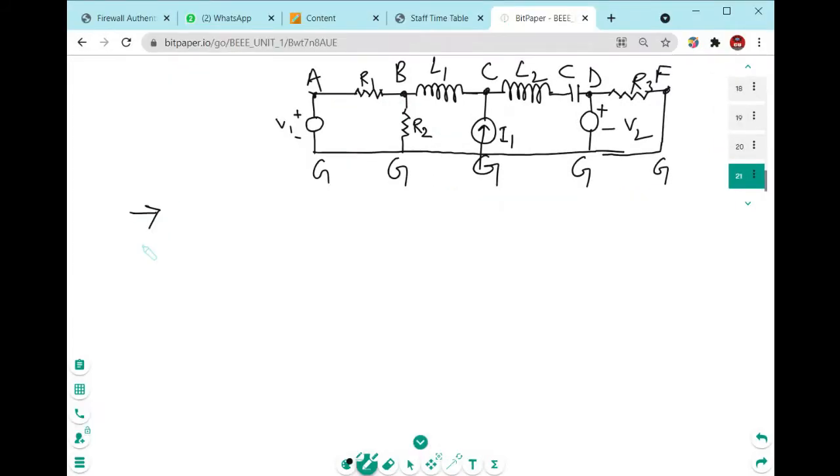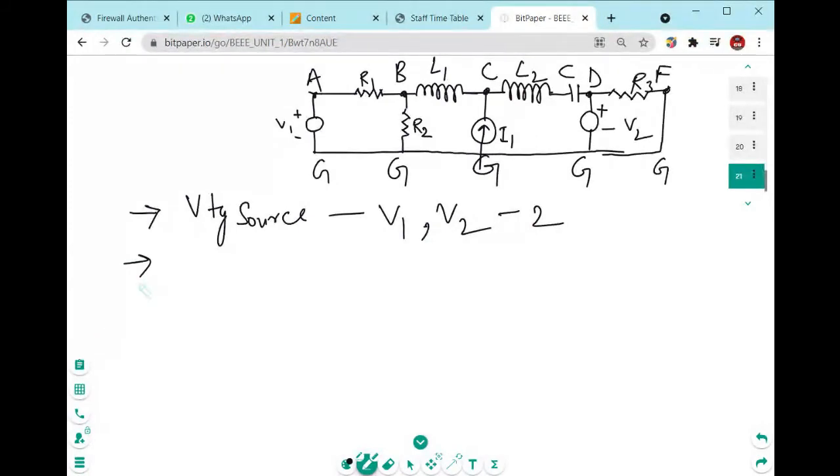First, you will tell me how many voltage sources there are. B1 and B2. Yes, two voltage sources are there. Second, you will tell me how many resistances. R1, R2, R3.